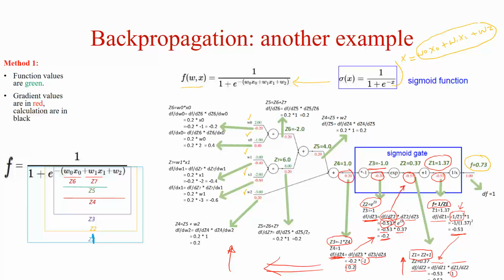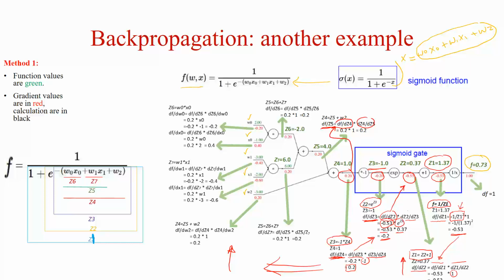Now let's go back and propagate to compute delta f over delta z5. I should say there is a d here which is missing. This is equal to delta f over delta z4, which I already computed from here, times delta z4 over delta z5.